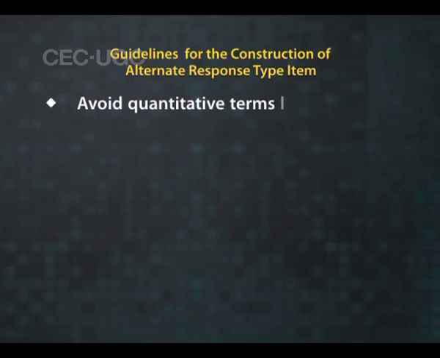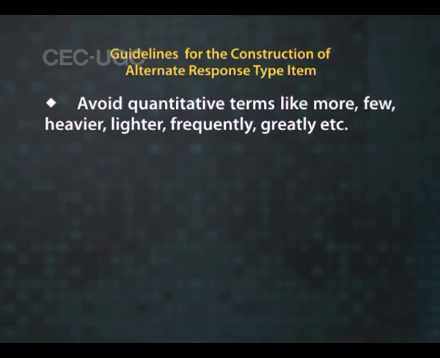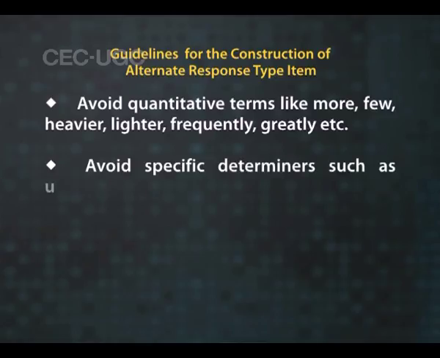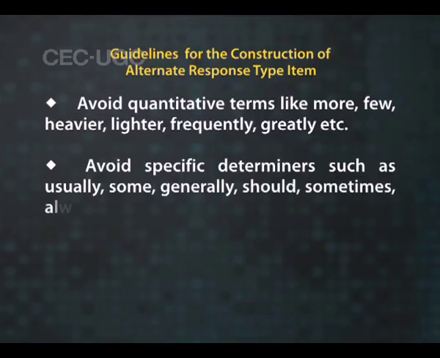Avoid quantitative terms like more, few, heavier, lighter, frequently, greater, etc. Example: all plants give out oxygen during daytime. Avoid specific determiners such as usually, some, generally, should, sometimes, always, never, etc.